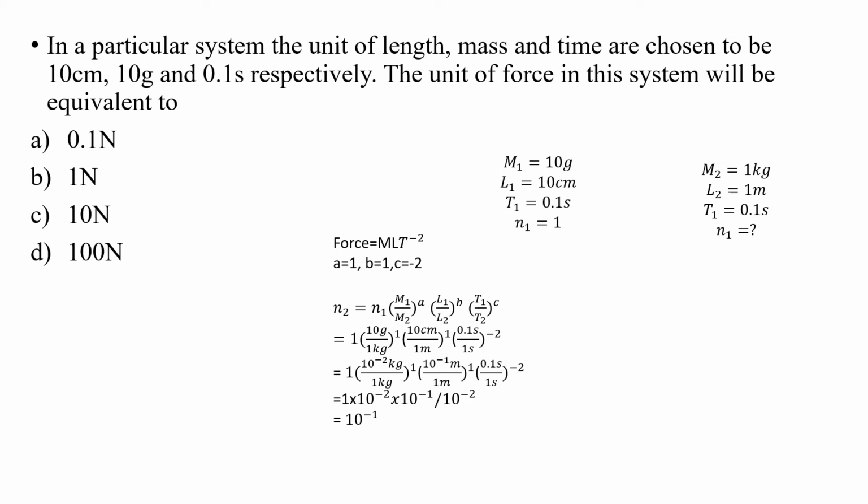Now the equation, that is n2 is equal to n1 into (M1 by M2) raised to A into (L1 by L2) raised to B into (T1 by T2) raised to C. On substituting the values, n1 as 1, M1 as 10 gram, M2 as 1 kilogram, L1 as 10 centimeter, L2 as 1 meter, time T1 as 0.1 second and time T2 as 1 second.